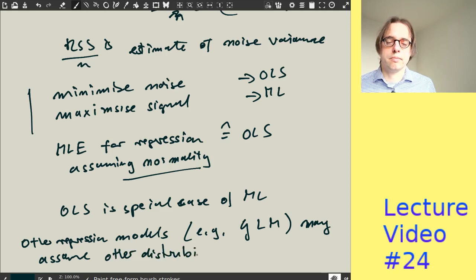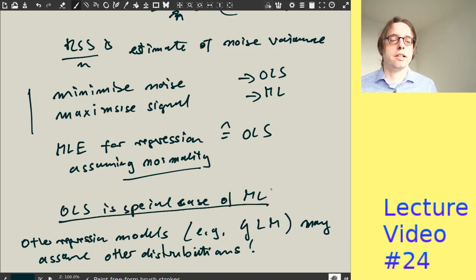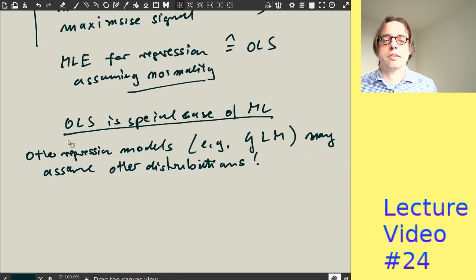So GLM assumes the distribution is from the exponential family, so it's still easy to solve. But then, of course, OLS is not the same as maximum likelihood. But we only discuss simple linear regression. In this case, the maximum likelihood assumes normal, and then we end up doing the OLS.